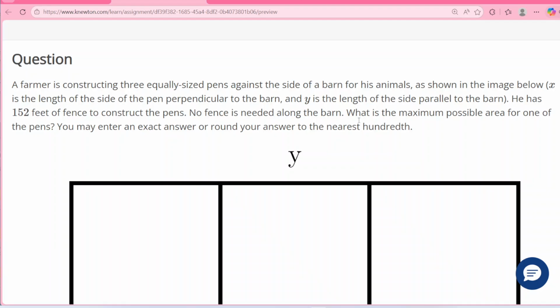The question is, what is the maximum possible area for one of the pens? One of these three. It says you may enter an exact answer or round your answer to the nearest hundredth, that's 2 decimal places.